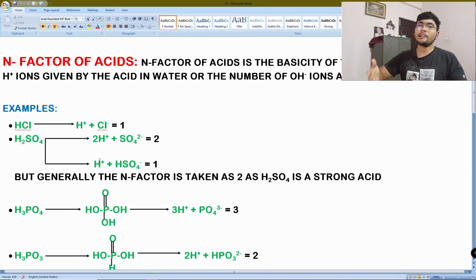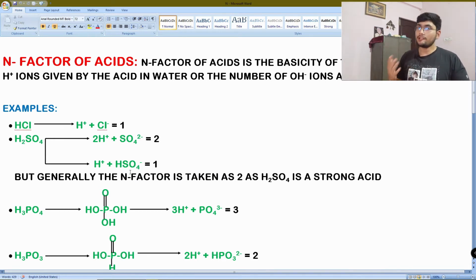Sometimes in exams an examiner can ask you that if H2SO4 breaks such that it only gives one H+ ion, then what will be the n factor of sulfuric acid? Then the answer will be 1. But in general, while we do any type of numericals of solutions, because sulfuric acid is a strong acid, we take the n factor of sulfuric acid as 2.